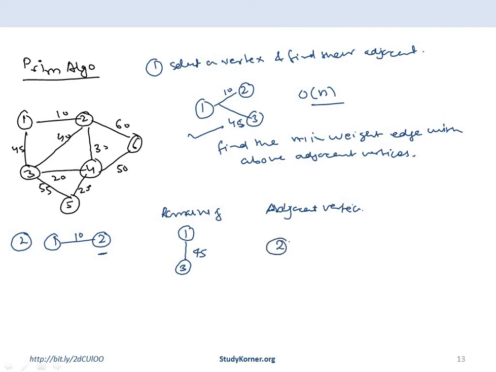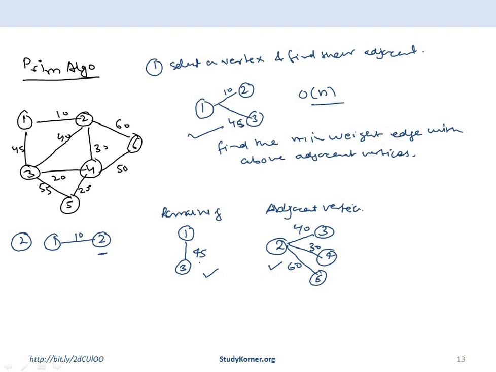The adjacent of 2 would be, I already have 1, I am not including it because it is a bidirectional path. I include 3, 4, 6 with the edge weights 40, 30 and 60. Now we have to select the minimum between the remaining edge of the previous iteration and the adjacent of the current node.